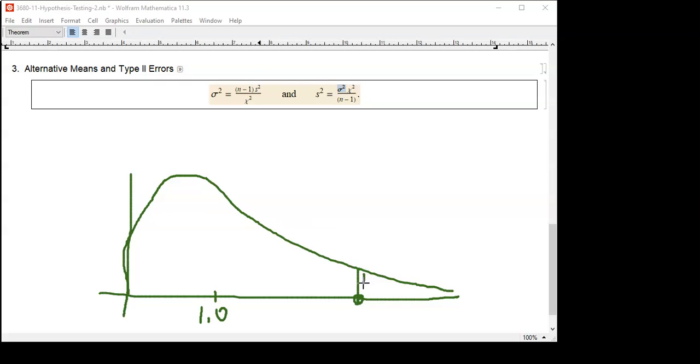It's not really that important. The key is this part. That is 5%. And we want this x value, the critical value, and compare this critical value with the sample variance.